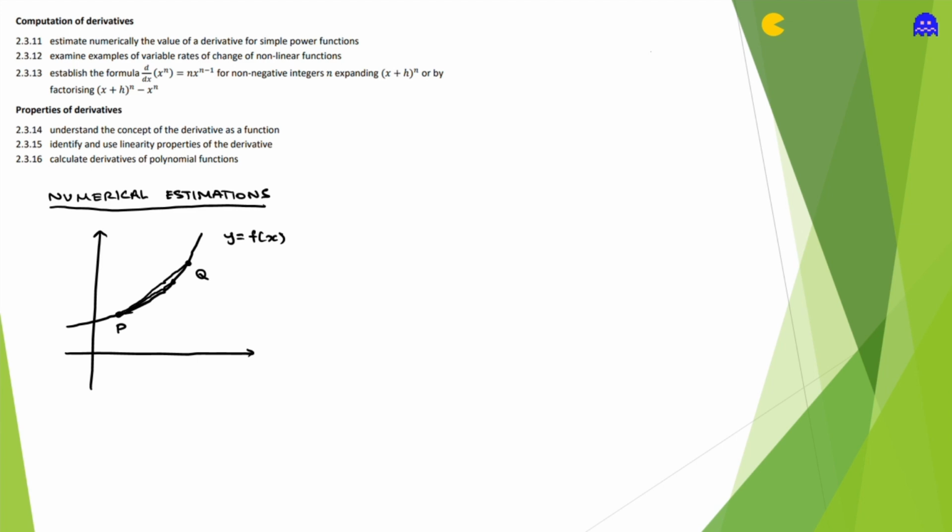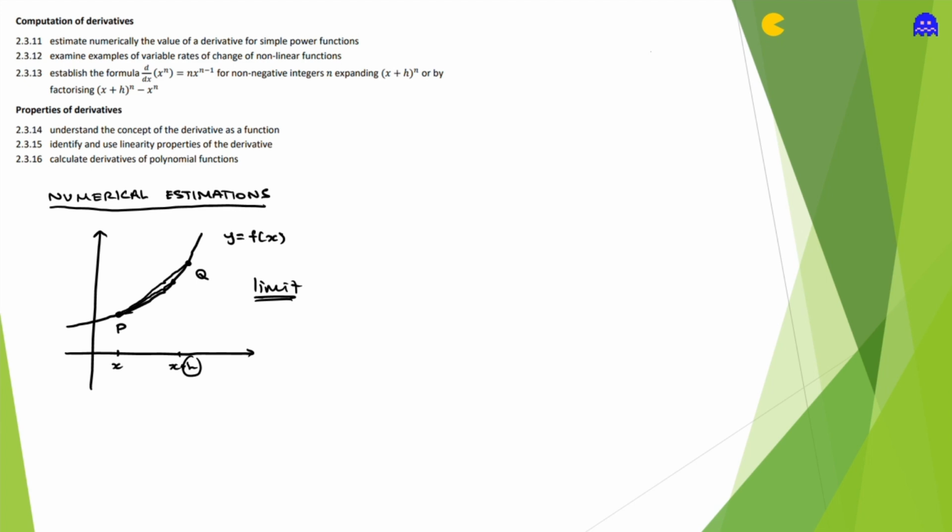That is as Q approaches P until Q is superimposed over P. We talk about the limit of Q tending towards P, or more specifically a point x and a point x plus h, and we evaluate the limit of the gradient of the secant as h tends towards 0.